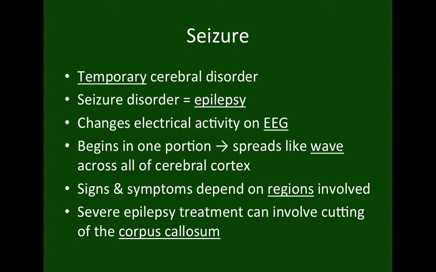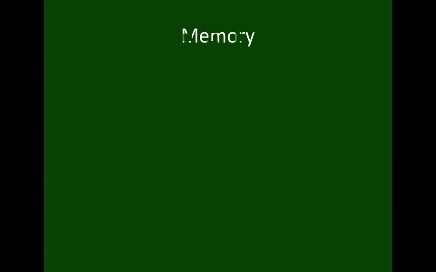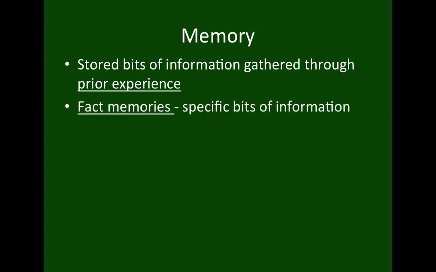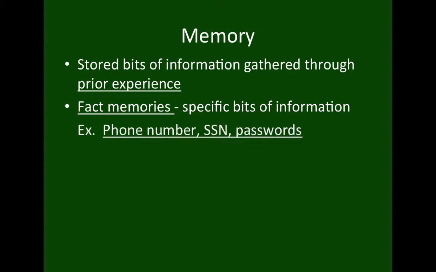The last thing we want to talk about with the brain, and specifically with the brain, is memory. Memory is basically stored bits of information that we hold on to. We can talk about memories being fact memories, which are very specific bits of information, like a phone number, social security number, or computer passwords. Those also tend to stay with you for a while too, but that's not what we're talking about.